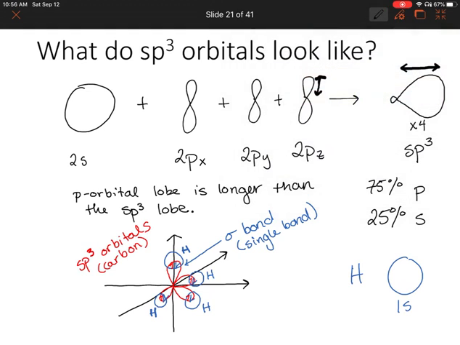And remember, everything wants to be as far apart as possible, so the angle between those different orbitals is 109.5. So I do like to think of these like balloons, because if you had 4 balloons and you tried to tie them all together, they are going to try to be as far apart as possible. So you'll kind of get this octopus shape, I like to think of it, or a tetrahedron.